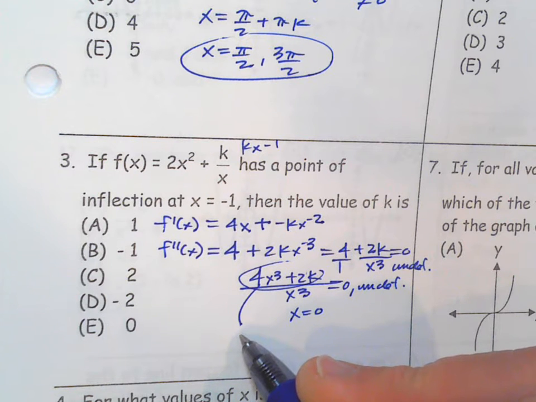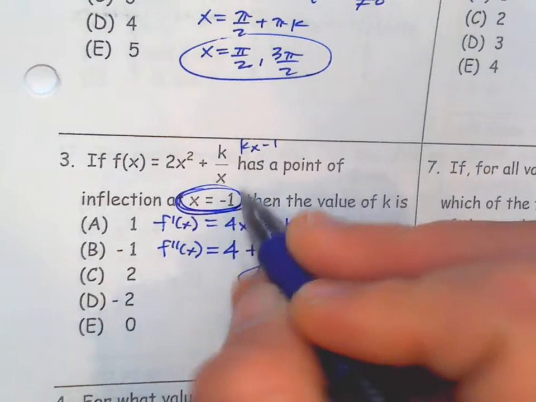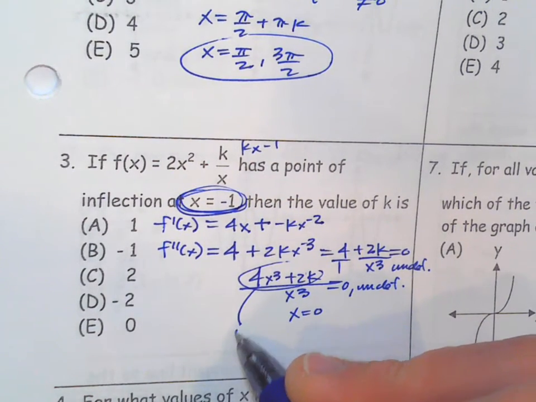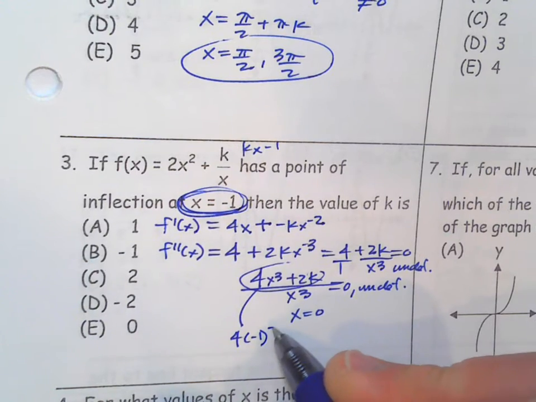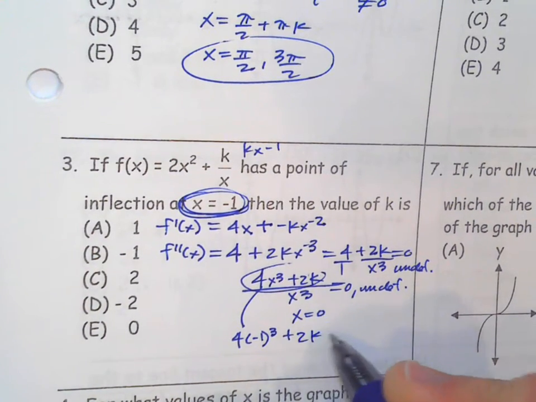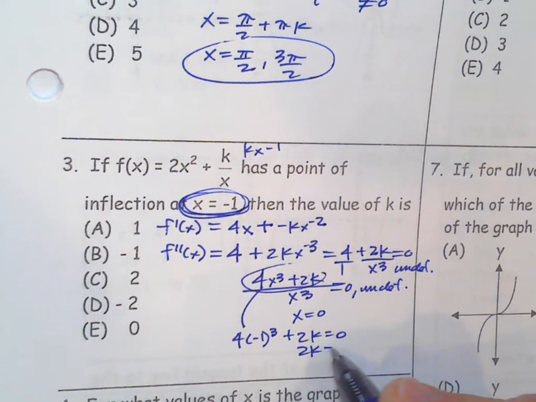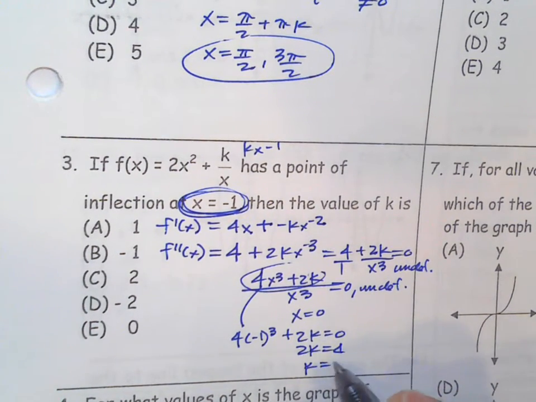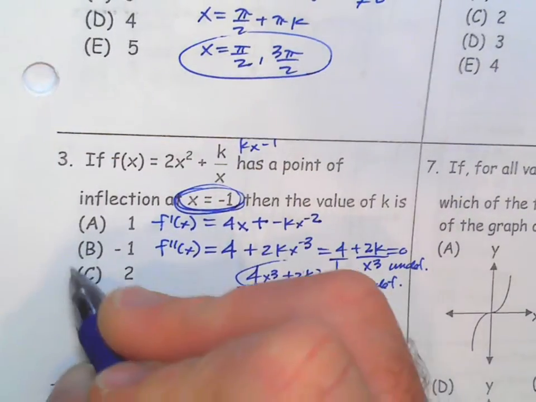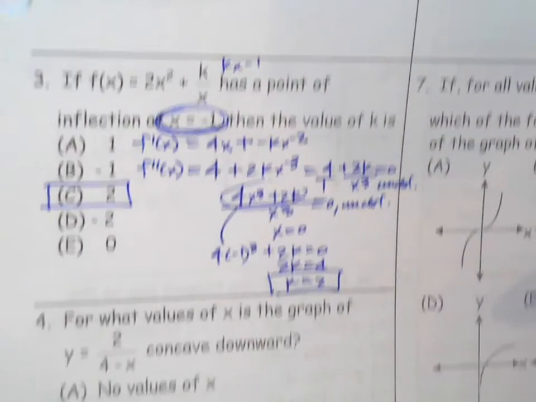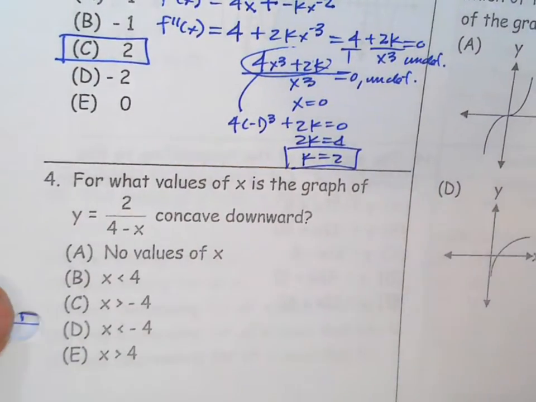We're looking for the value of k. Now we know what the x value is. So what we could do is plug negative 1 in there for the x value and then solve for k. So that's going to be negative 4, so 2k equals 4, so k equals 2. k equals 2. Little creative approach using stuff we know how to do.